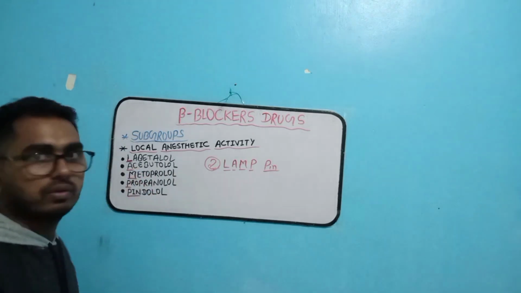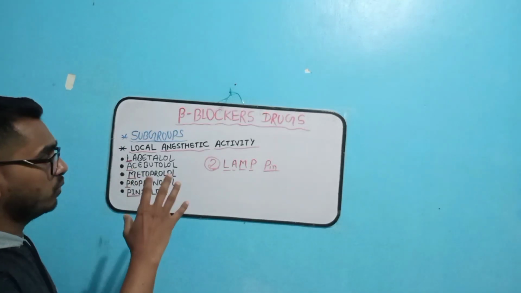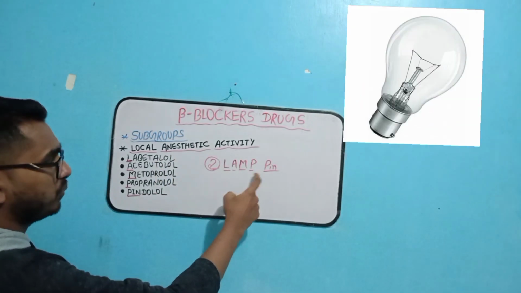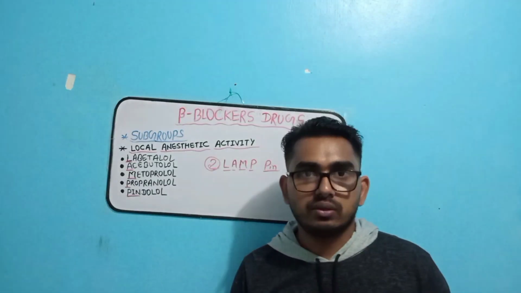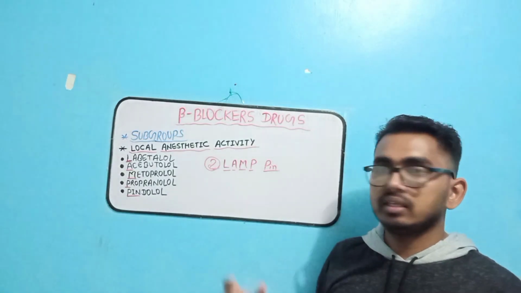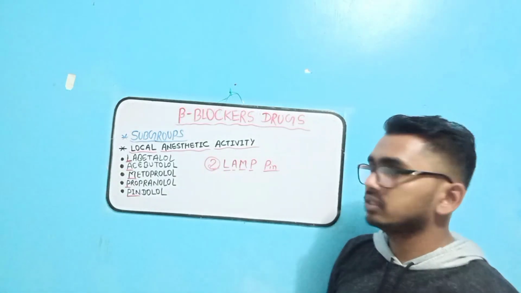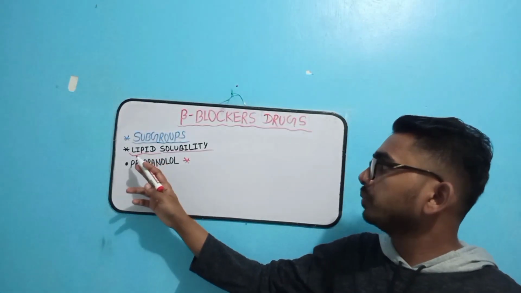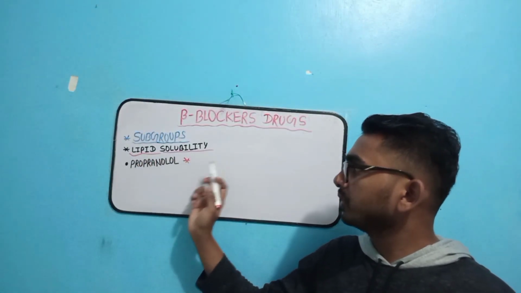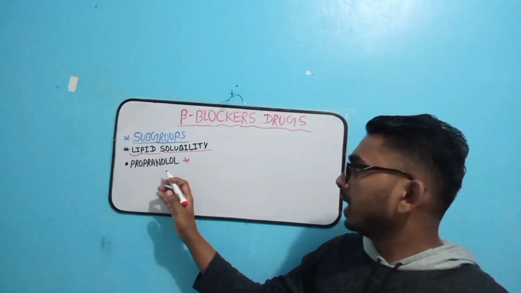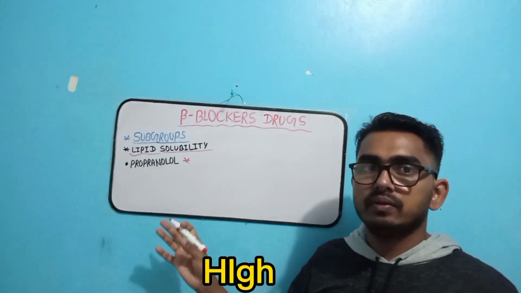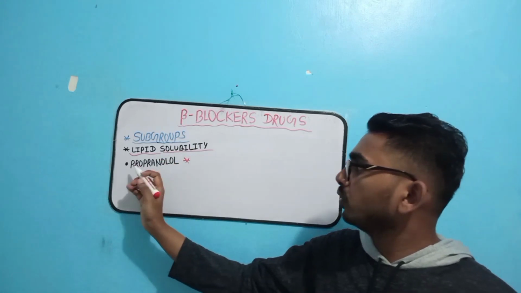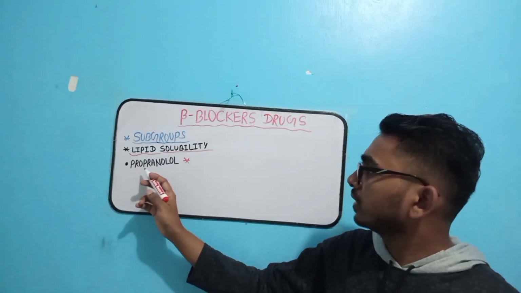So at least for our exam purpose, we can memorize a few drugs with the mnemonic, lamp pin. So at least we can select the correct answer in our exam by using these mnemonics. If we talk on the basis of lipid solubility, the propranolol has high solubility in the lipid. At least we have to memorize this one drug.